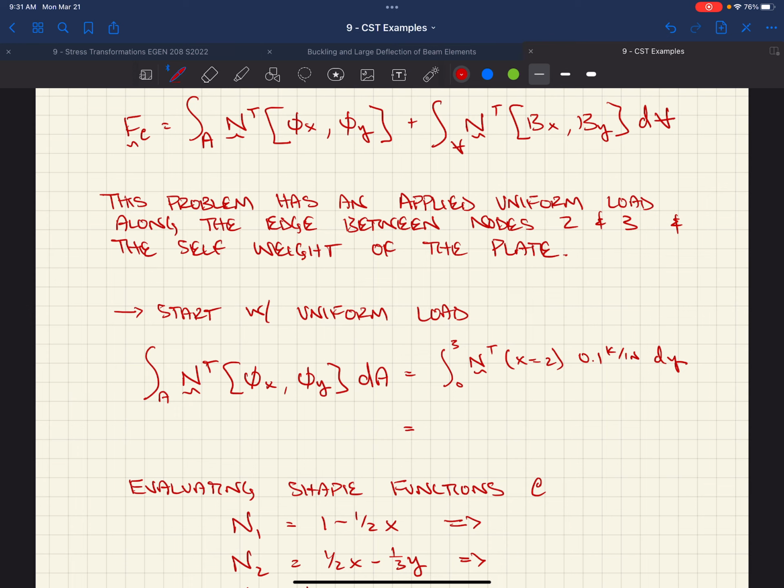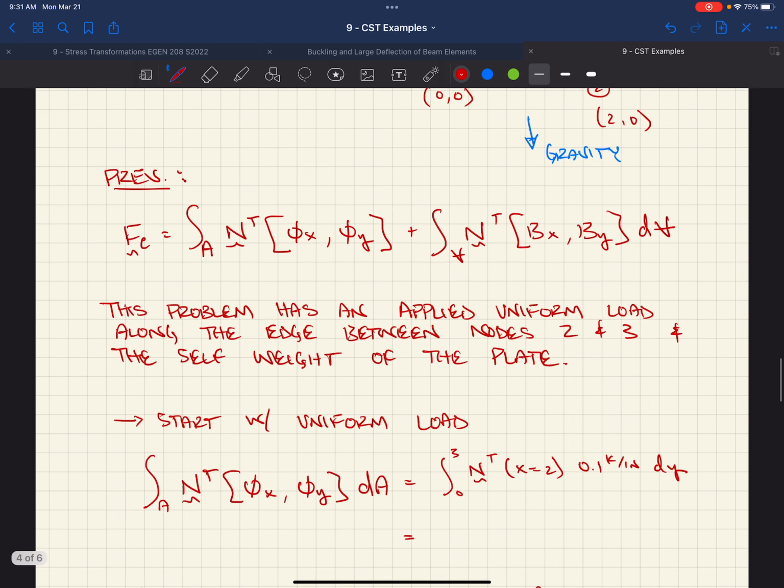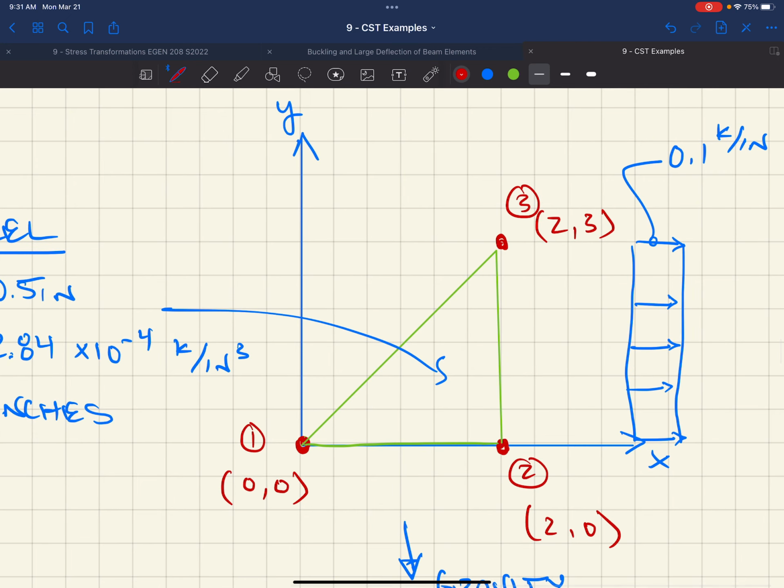Our shape function, well, that magnitude, it doesn't vary over the x direction, okay? And so our shape function needs to be evaluated at that location over which that uniform load acts. Well, it acts at x equal to 2, right? It acts along this edge where our x equals 2. So that'll give us our contributions along that line of that uniform load, okay? And what we know from shape functions, right? If we had a uniform load that acts along this line, what does N1 equal?